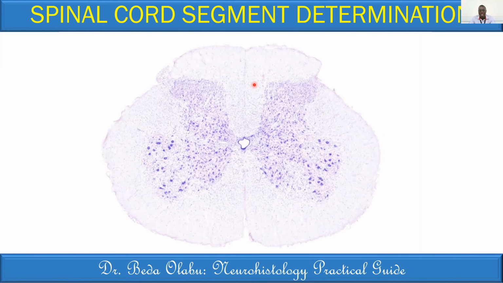Last but not least, you can be checking the presence of collateral spinal nerve roots, which are usually on the side. This represents that we are very near the region of the cauda equina, and that is why you have parallel spinal nerve roots on either side of the spinal cord.